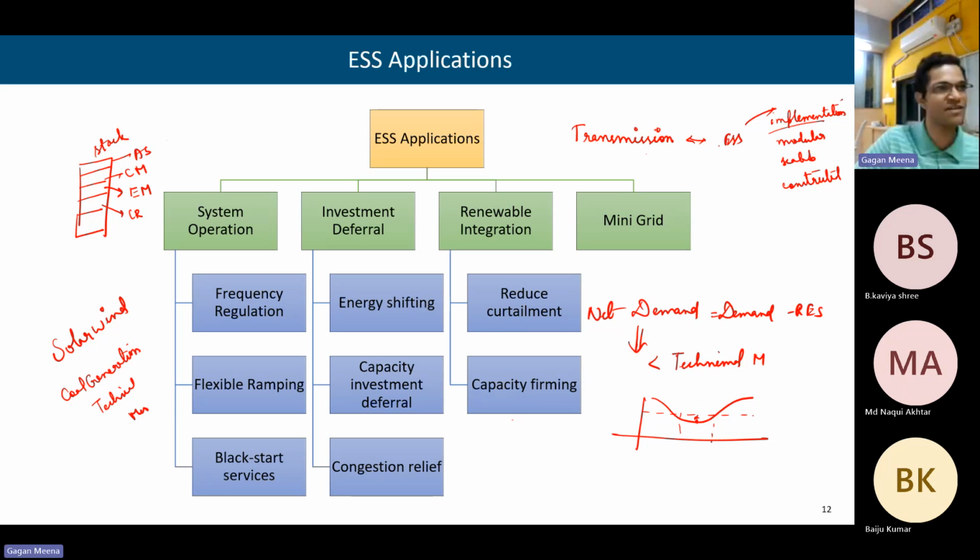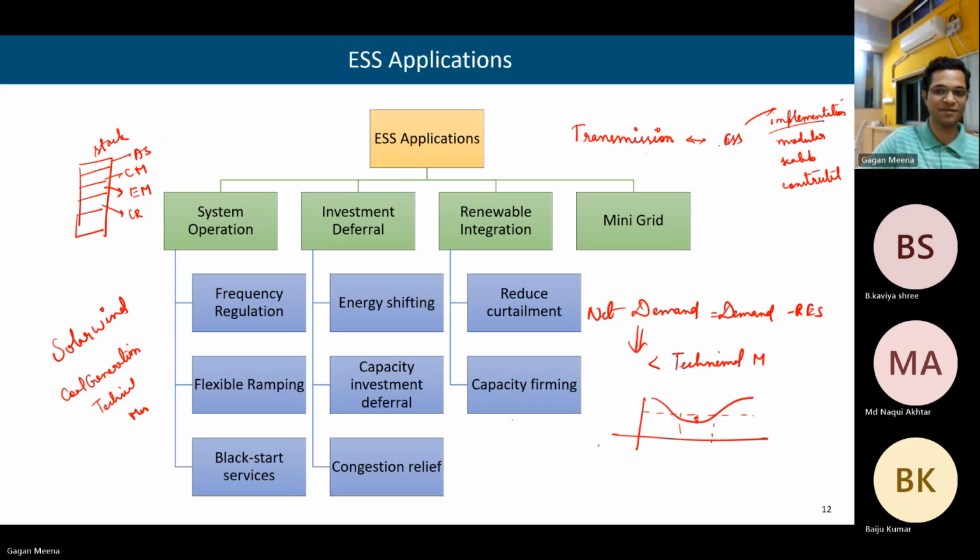Earlier we were always concerned about peak demand, that the demand is more than generation. But here the problem is generation is more than demand. Because of renewables, we are facing this challenge also. In this case, we cannot reduce coal generation, and we cannot even increase the demand. How can we do that?